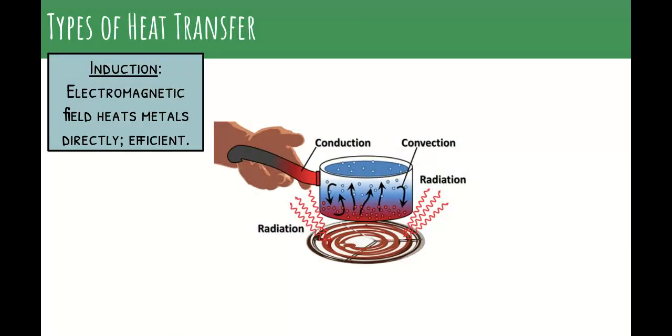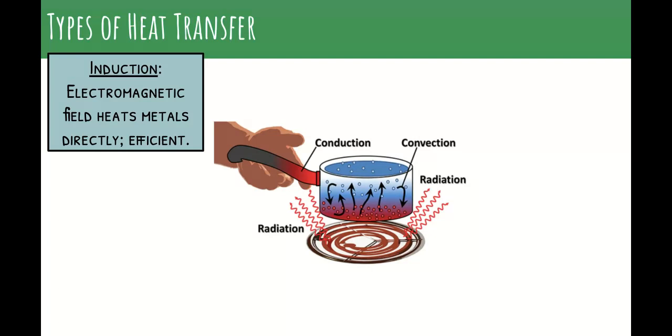The first one I want to talk about is induction, and this one is not often talked about in heat transfer because it's relatively new. It's not actually a transfer of heat necessarily, but people always ask about it with this unit. So induction is an electromagnetic field that heats the metals directly. It's super efficient.